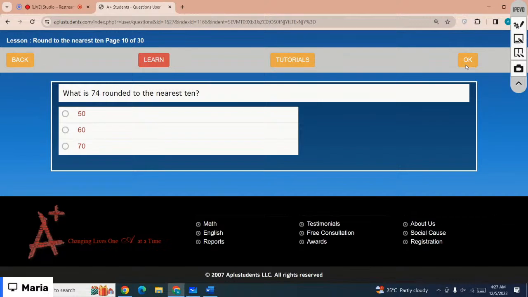What is 74 rounded to the nearest 10, which is the correct option? Which is the correct option?